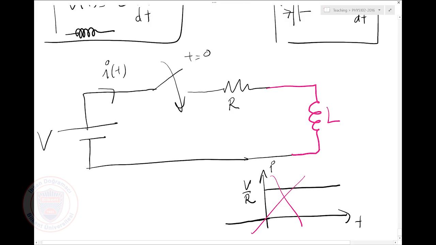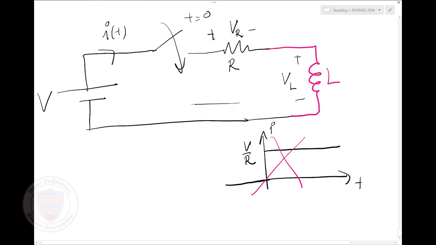So here, let me call the voltage across the resistor VR and voltage across the inductor VL. What does Kirchhoff's loop law tell me? If I go through the loop, potential across the battery must equal the potential drops across the resistor and the inductor. So V must be VR plus VL.